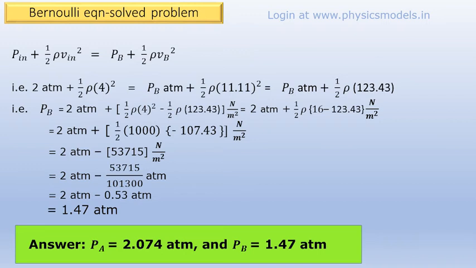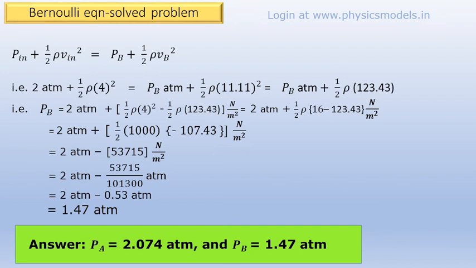On the left hand side you have 2 atmospheres plus half rho into 4 squared as the total energy at the inlet of the pipe. At section B you have PB in atmospheres plus the term half rho into 11.11 whole squared. Rearranging that, you get PB as 2 atmospheres plus half into rho into 4 squared minus 123.43.